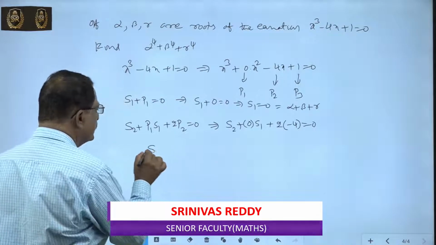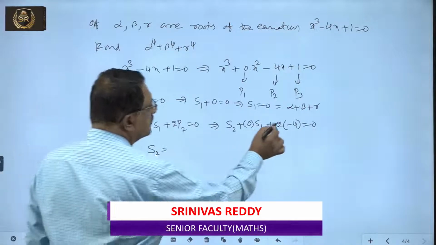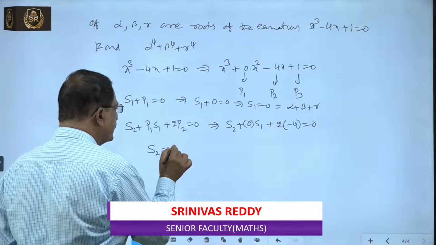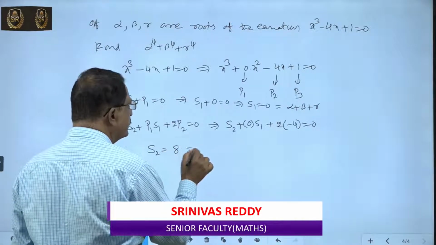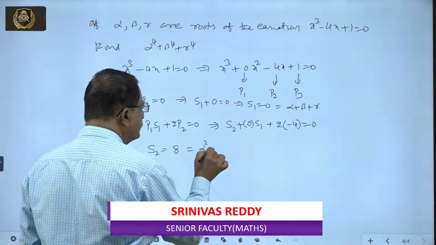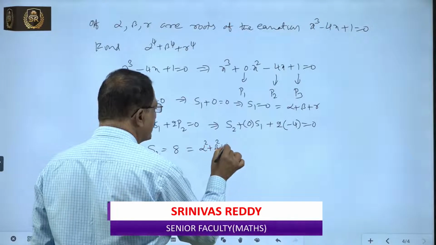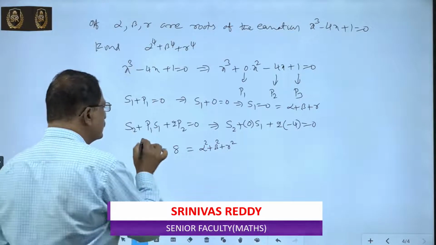Now S2 equals 8. It is nothing but alpha square plus beta square plus gamma square equals 8.